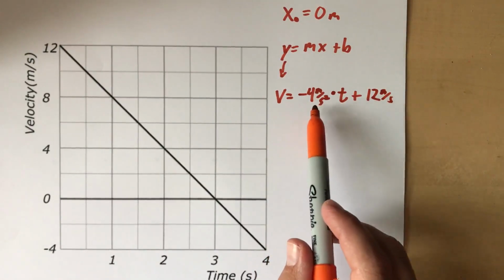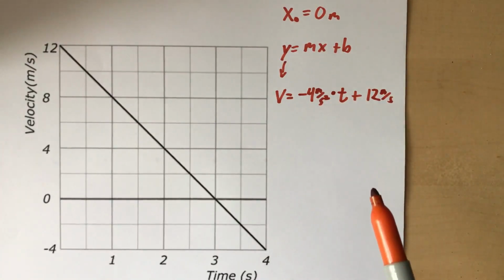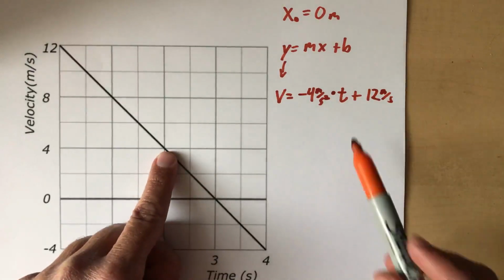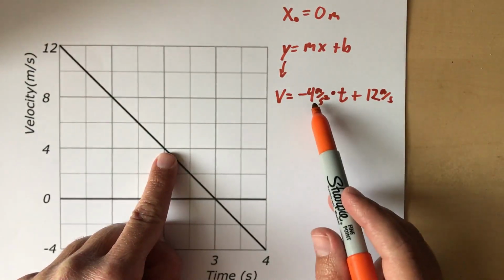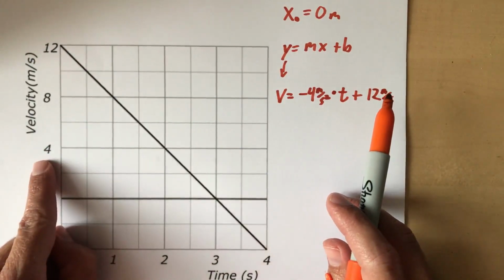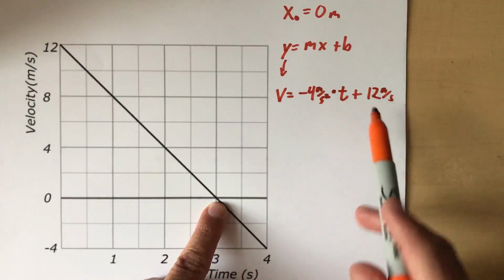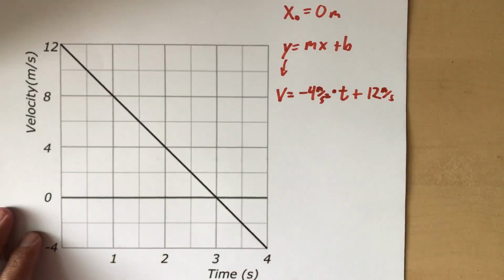You would take that time, multiply by -4, and add 12 to it. So for example, let's just check it for 2. 2 times -4 is -8, plus 12 is 4, so it works. Or 3 seconds. 3 times -4 is -12, plus 12 is 0, so the equation works.